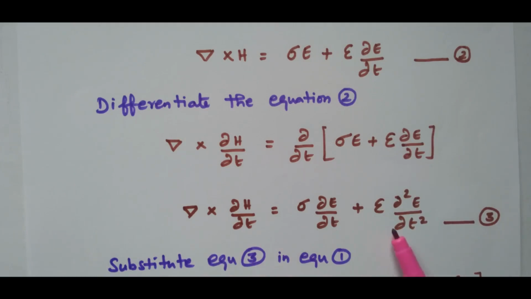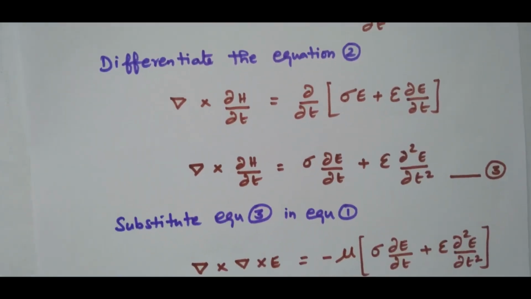Now we are going to substitute equation 3 in the first equation. We are going to replace this del cross dou H by dou T in equation 1.